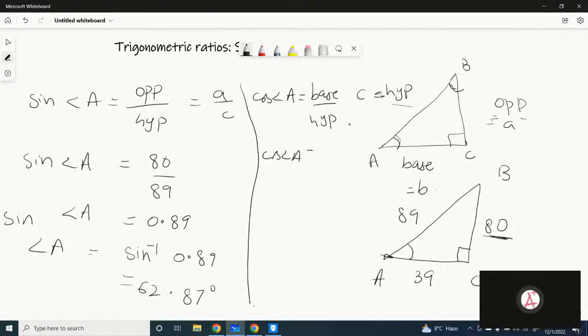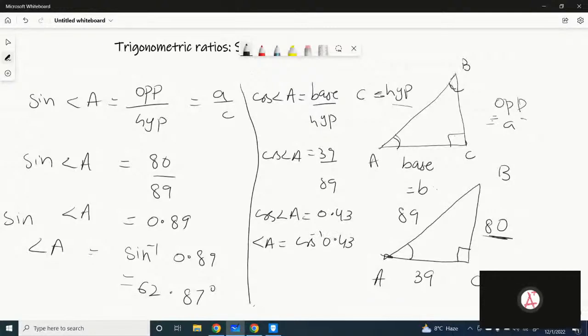So cos of angle A is 39 divided by 89. Let's calculate 39 by 89. Cos of angle A is 0.43 and angle A is cos inverse of 0.43.